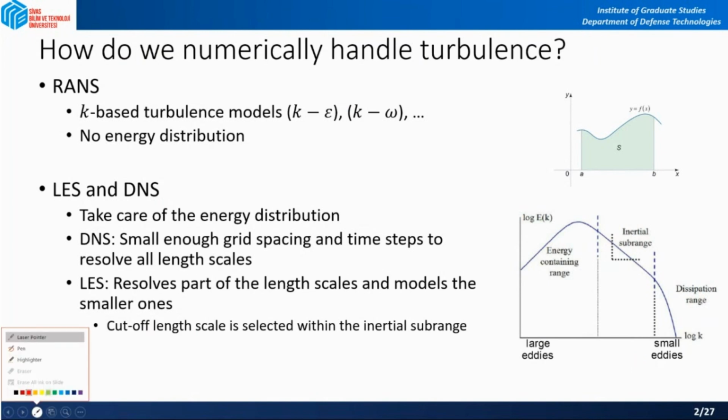For example, here you will cut it somewhere. So you will resolve all these eddies on the left-hand side, and on the right-hand side of this cutoff length scale, you have to model them.